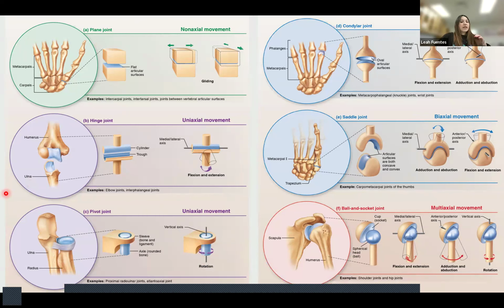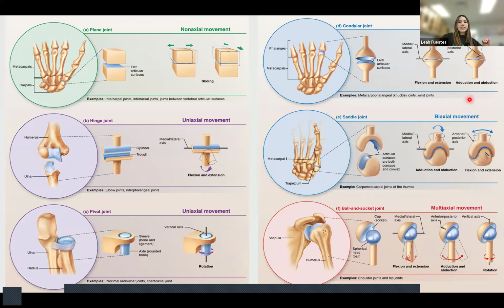So we can see here that is where the ulna would meet the humerus and allows you to do this, right? Like a door hinge. Pivot joints, this would be the head of the radius with the ulna that allows you to move or pivot. We have our condylar joints. These are the metacarpophalangeal joints or your knuckle joints.